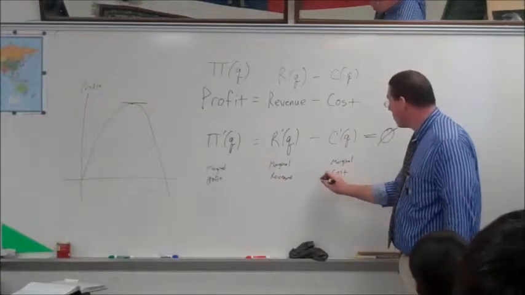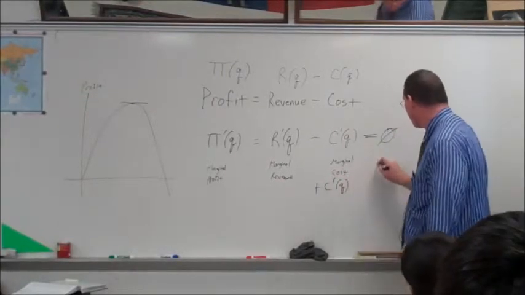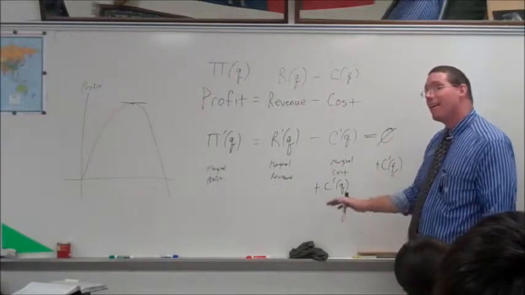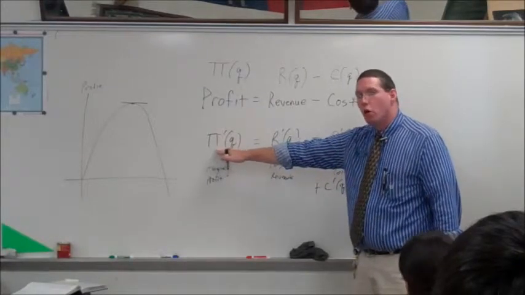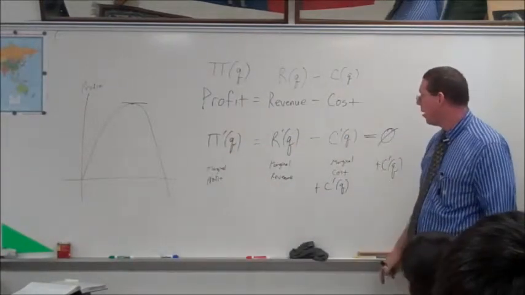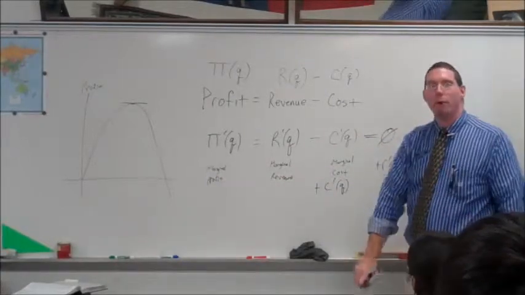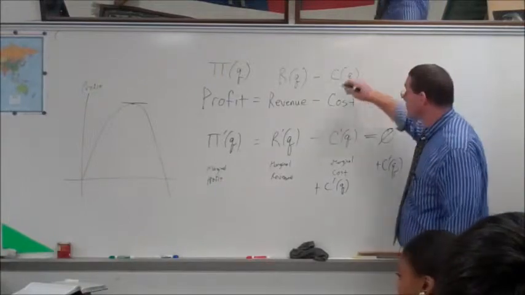Add marginal cost to both sides. If we add C prime of Q to both sides, maximum profit occurs where marginal revenue equals marginal cost. And this is the equation for maximum profit.